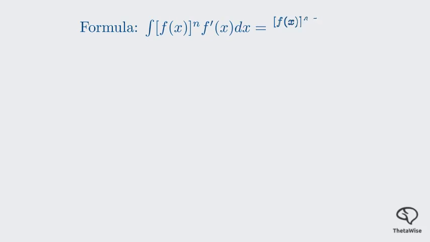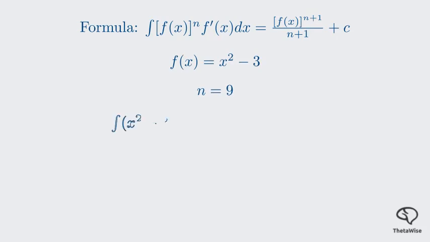Now that we've identified the components, let's use the formula. Remember, our formula is the function to the power n plus 1, divided by n plus 1, plus c. We have f of x equals x squared minus 3 and n equals 9. Plugging these into the formula, we get x squared minus 3, all raised to the power of 9 plus 1, and we divide by 9 plus 1.